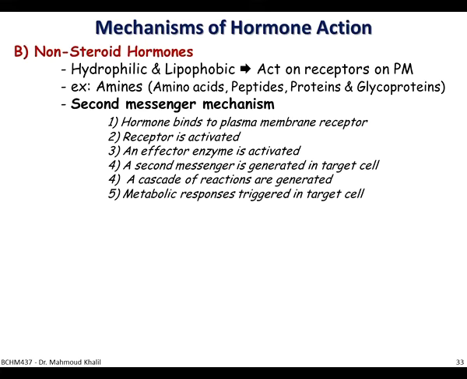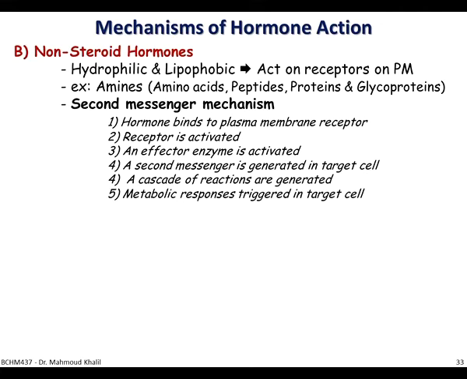It will activate an enzyme, which is called the effector enzyme. Once this enzyme is activated, a second messenger is generated inside the target cell. Through a cascade of reactions after this activation by the second messenger, a metabolic response is triggered inside the target cell. So that's why it's not direct, because you need a second messenger, as we will see later in the few slides.